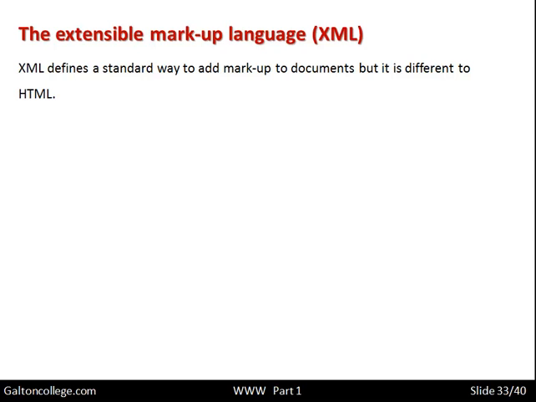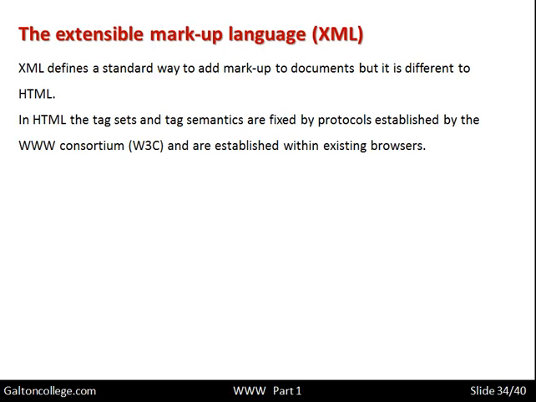XML defines a standard way to add markup to documents, but it's different to HTML. In HTML, the tag sets and tag semantics are fixed by protocols established by the www consortium, which is known as W3C. This is like a committee that meets to agree standards.